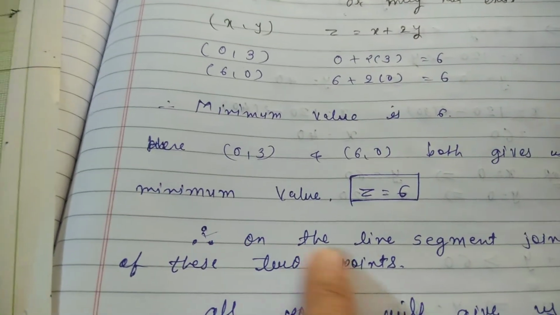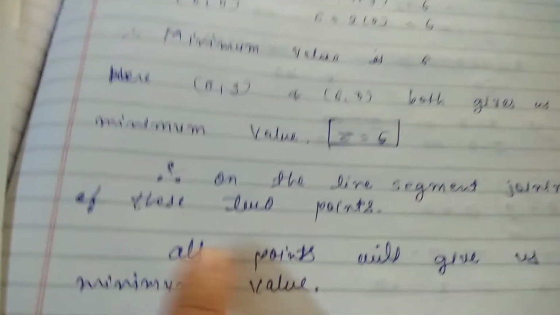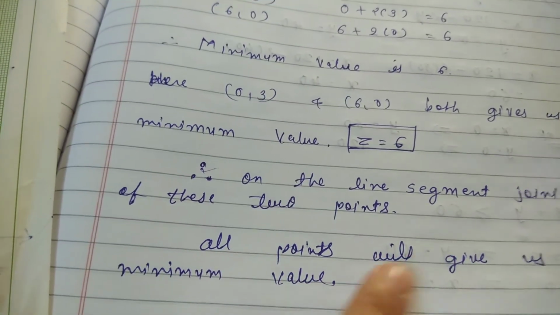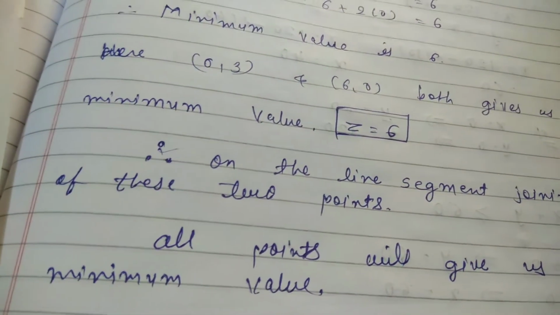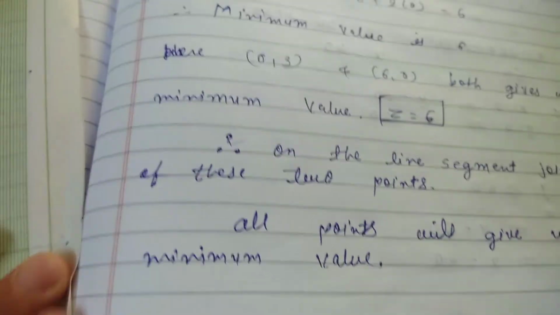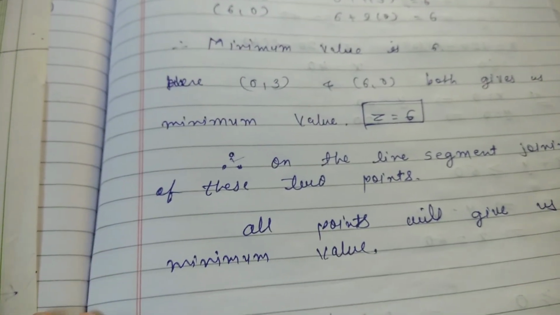Therefore all the points on the line segment joining these 2 points will give us the minimum value. So this is the solution for question number 6.